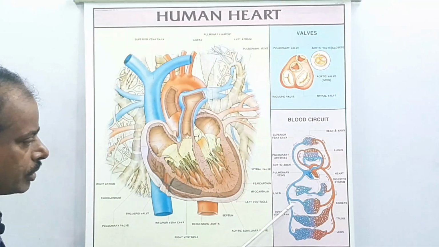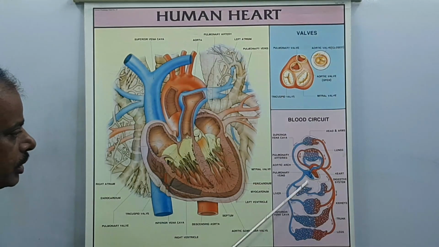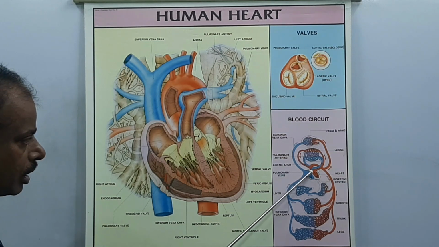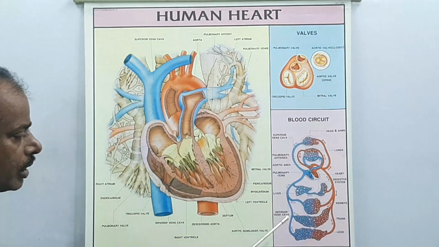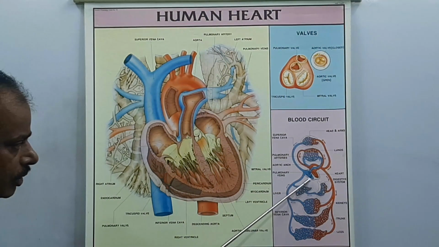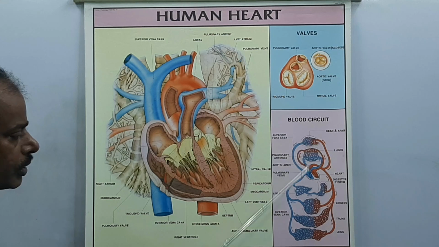So there are two blood circuits in a complete circulation of blood. Number one is pulmonary circulation, which involves the heart and the lungs, and the second blood circuit involves the heart and the body parts.